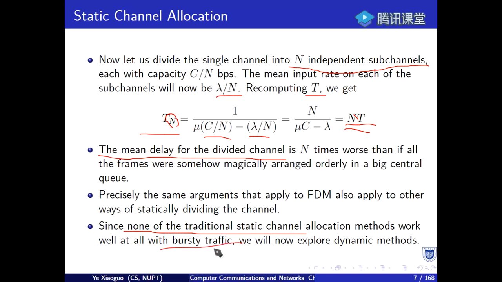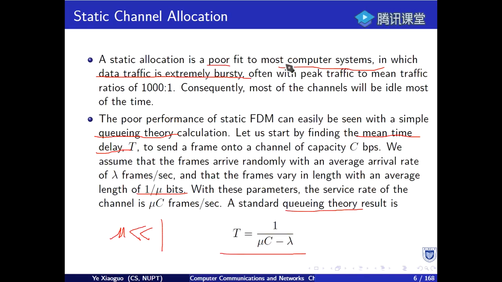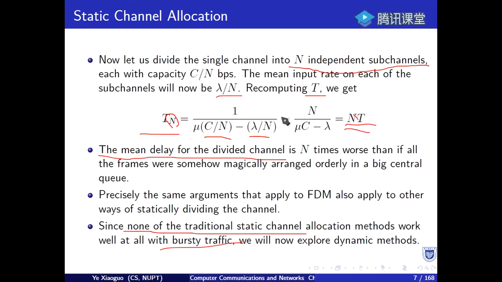Here, bursty traffic is the key characteristic of most computer system communication. So computer communication has the characteristic of burstiness, but none of the traditional channel methods works well for computer communication with bursty traffic.